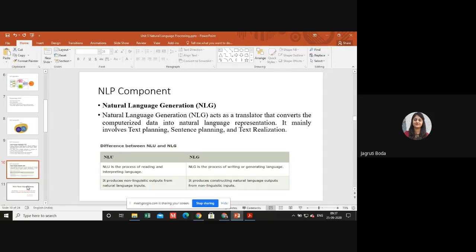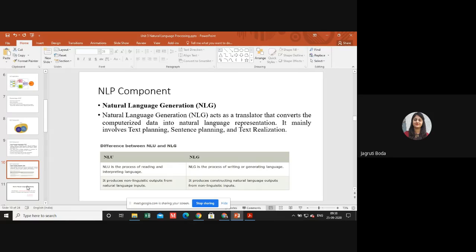So what is the role of natural language generation? Based on your question type, they return the value or give the answer. Natural language understanding means understanding the problem, and generation is giving the reply based on the decision of our system, right?